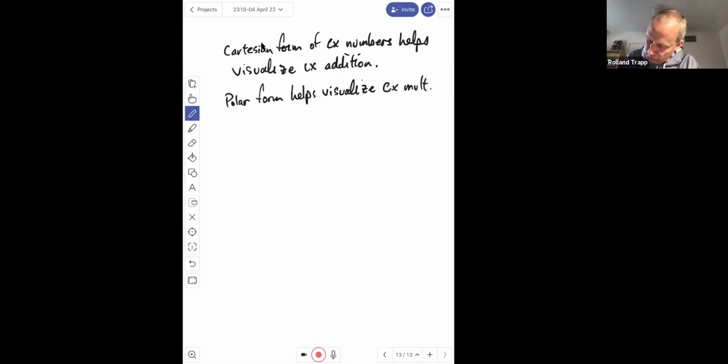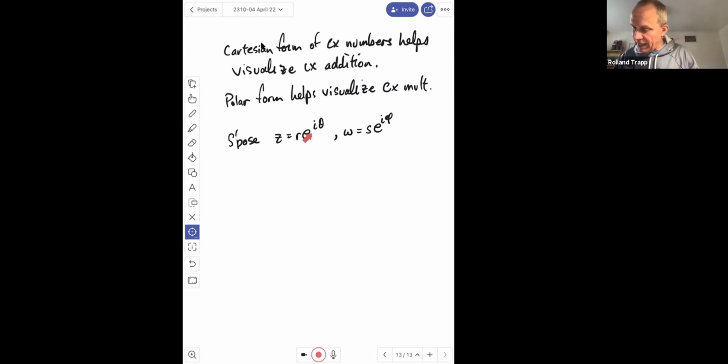So suppose z is given by r e to the i theta, and w is given by s e to the i phi. Now r and s are real numbers here because they are just how long the vectors are.